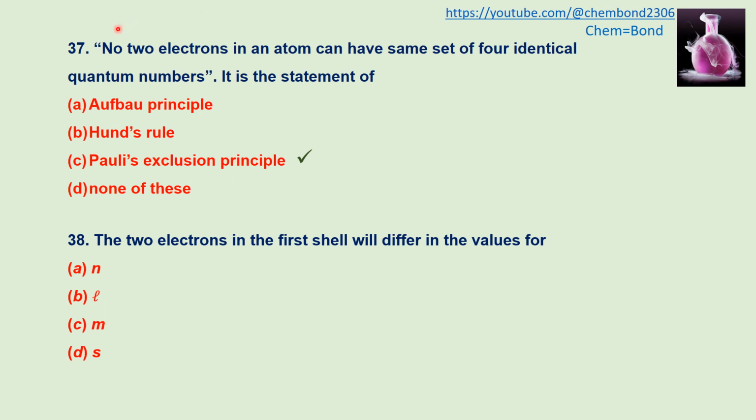So no two electrons will have the same set of four quantum numbers. The other three quantum numbers may or may not be the same, but the spin quantum number is always different.